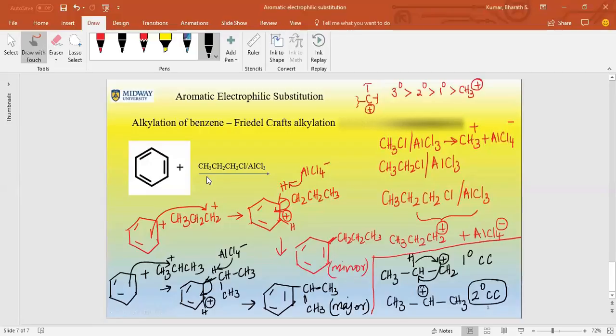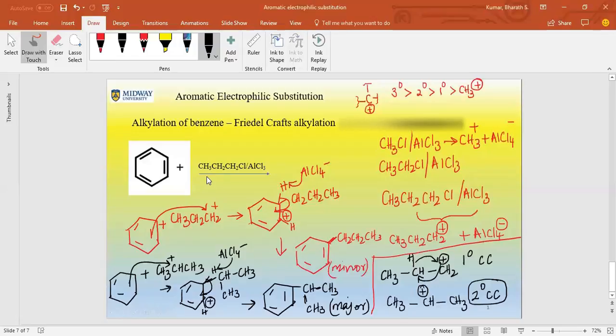So this type of shift only happens when you have 3 or more carbons, minimum. You cannot do this with the Friedel-Crafts alkylation otherwise. You must have a minimum of 3 carbons. You see, in this case, we have 3 carbons. So when this reacts, you first make this, which would be your primary carbocation.